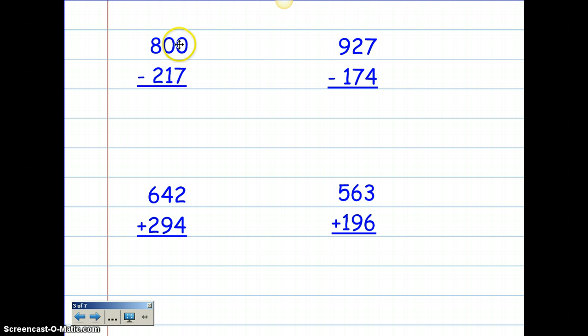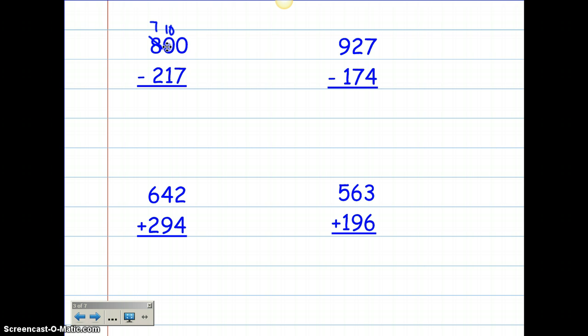So, can I do 0 minus 1? No, and you have to ask yourself that because some of you are doing 7 minus 0 and just writing 7, and that's not correct. Can I do 0 minus 7? No. Can I borrow from the tens place? No, so I have to jump all the way to the hundreds place to borrow. This 8 is going to become a 7, and then I'm going to move 10 hundreds over here.